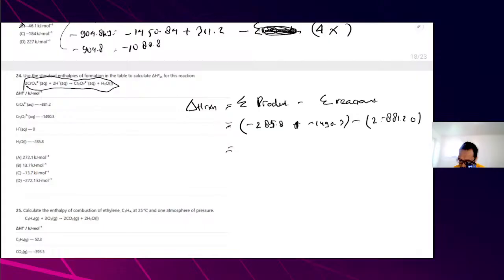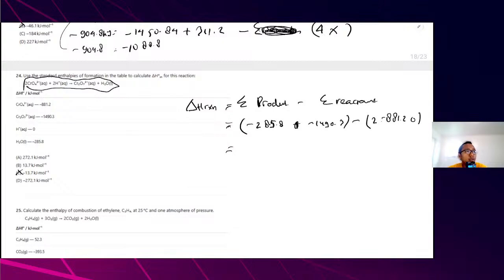And then get this one, minus 12. So the answer will be 13.7, but the sign will be minus. 24 is C, right? 24 will be C, the answer.